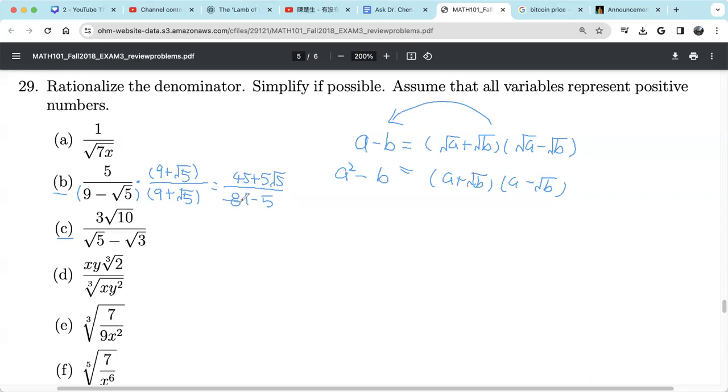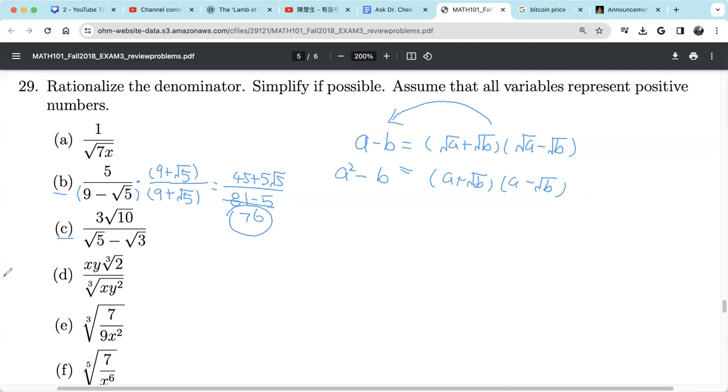And of course, the denominator we can simplify to be 76. So I have 45 plus 5 radical 5 divided by 76. So now the denominator is rationalized, which means the denominator is a rational number. Before 9 minus radical 5 is an irrational number.